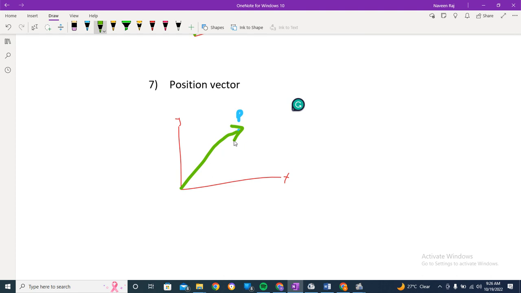The position vector is the vector that determines the position of any point on a plane, or you can say on the axis, and this is formed as the resolution of a vector. By looking at the x-axis and y-axis we find the position vector, and this is quite helpful in resolution as well.